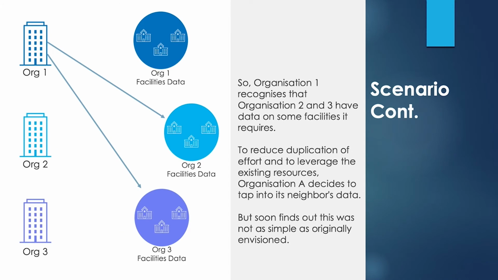So, Organization 1 recognizes Organization 2 and 3 have data on facilities that they require. So in an attempt to help ease this issue that they're facing, they'll opt to communicate with them and share the data. But they soon find out this wasn't really as easy as they initially envisioned.